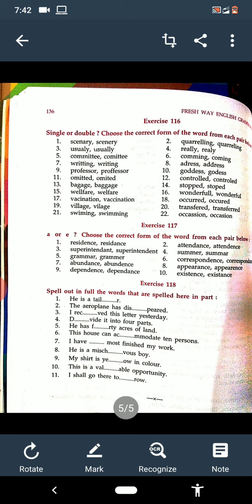I have almost finished my work. He is a mischievous boy. My shirt is yellow in color. This is a valuable opportunity. I shall go there tomorrow.